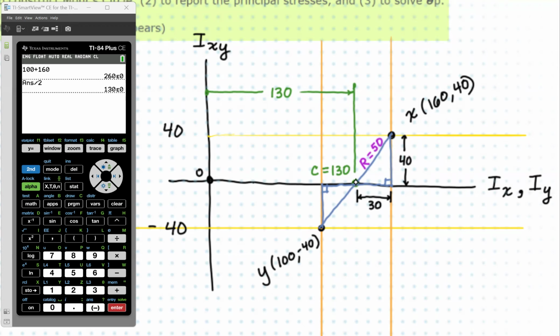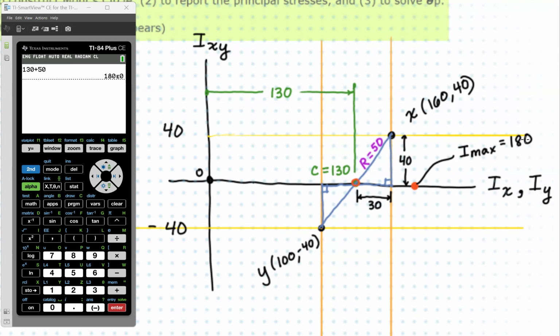Now we get to draw our circle. We start at the center, and I'm at a center of 130. If I increase by the radius, so I add 50, I get to 180. So that should be there. This is going to be called I max, 180, or center plus radius.